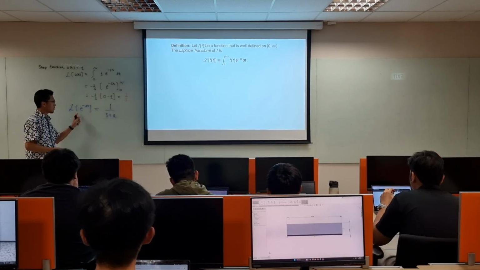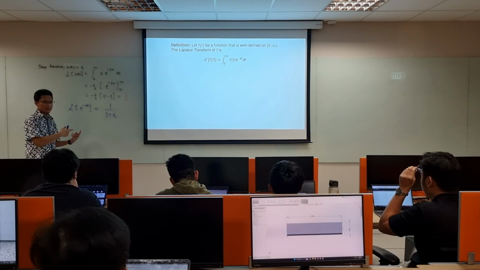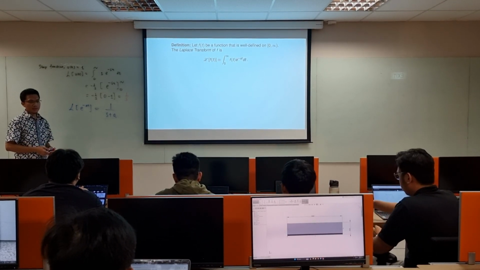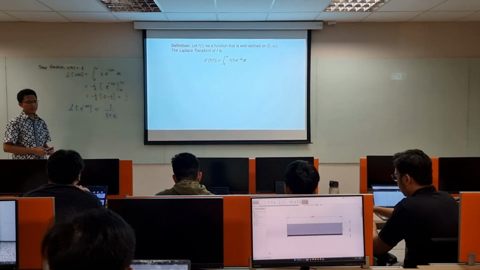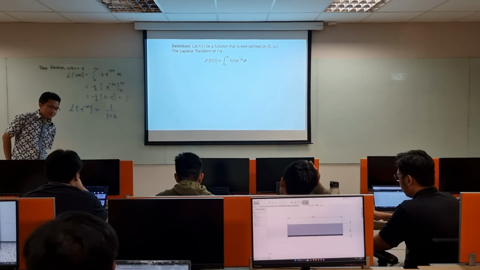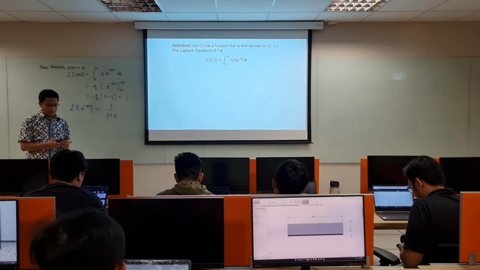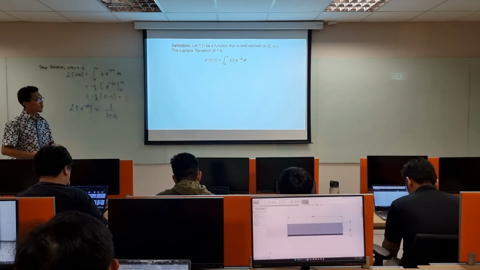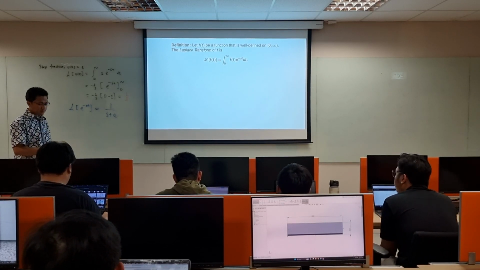But actually this relationship is derived from the s shift theorem. I gave you the Laplace table, the Laplace transform pairs, and all of them are derived from here.